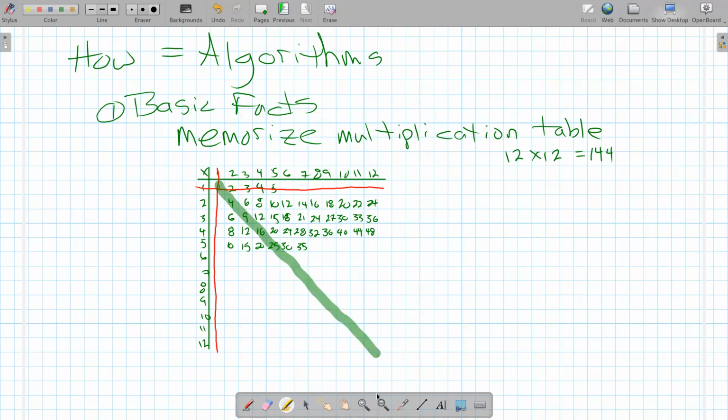There we go. And what's above the diagonal is a match of what's below. So do I really need that stuff if it's already repeated above? The answer is no, right? I know 6 times 3 and 3 times 6 is the same thing. So 3 times 6 is up here and 6 times 3 is down here. We don't need both of them, right? I don't need this number and that number because they're the same thing.